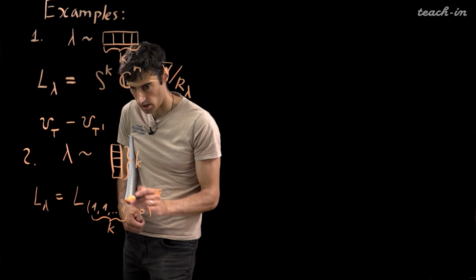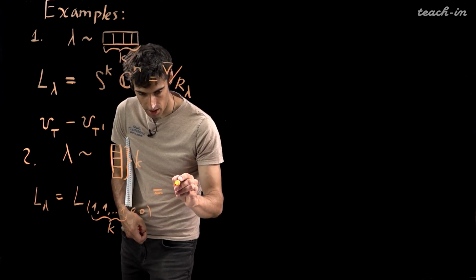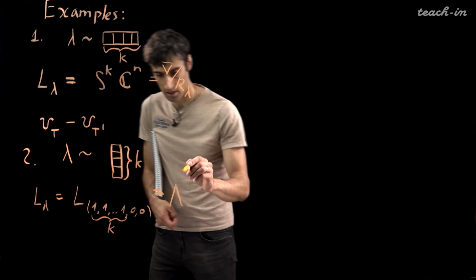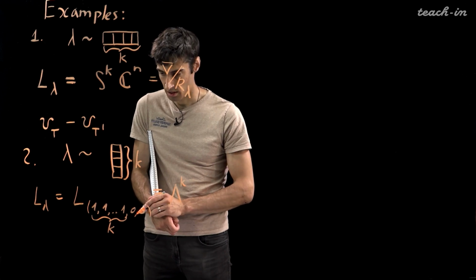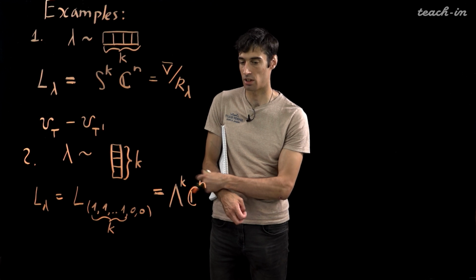And this I take as a prerequisite: it is the kth exterior tensor power of Cn, right? So these are anti-symmetric tensors.